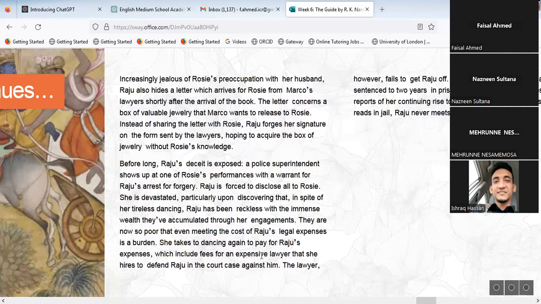She takes to dancing again to pay for Raju's expenses, which include fees for an expensive lawyer that she hires.